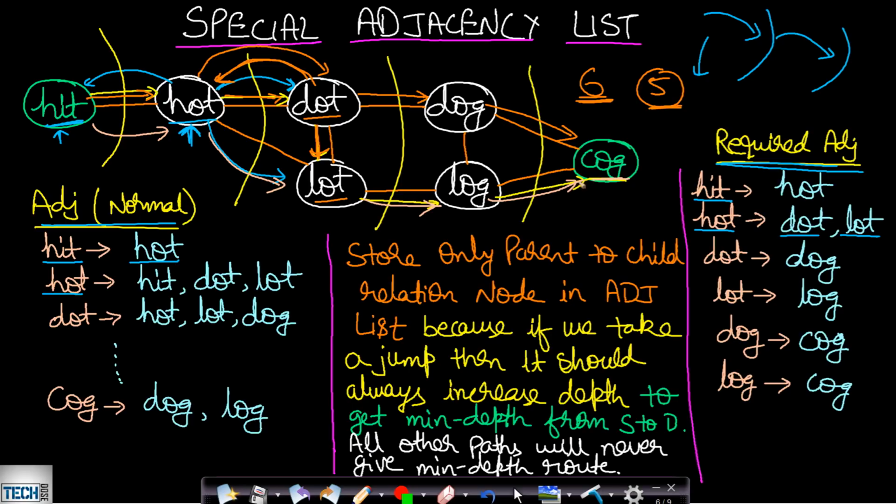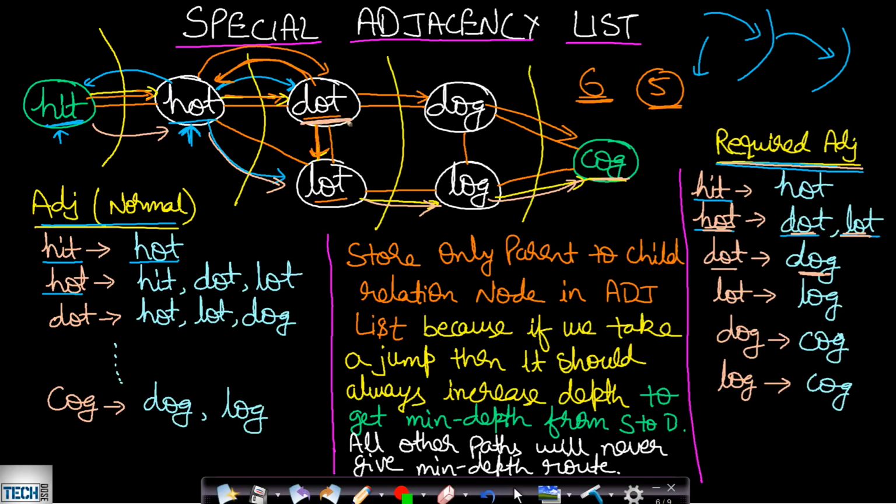Okay, so this is why we always want to maintain the adjacency list in the format that once we are at a node, all the nodes which we are pointing to are its children, and it should not be a parent or any node at the same level. So you can see that for hot, the adjacent nodes are dot and lot because those are the children of hot. Similarly for dot, we are having just dog.